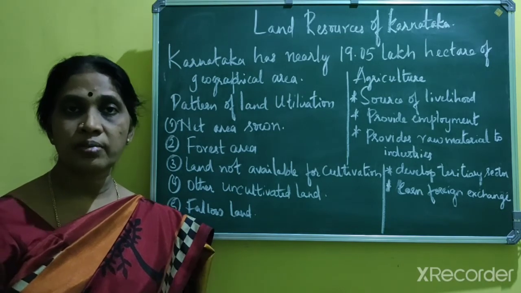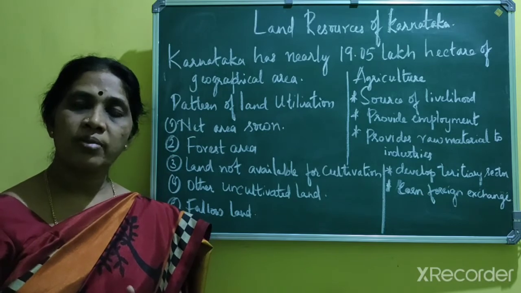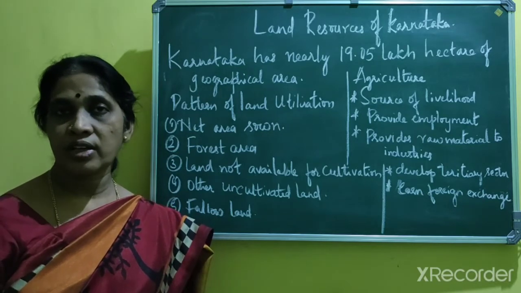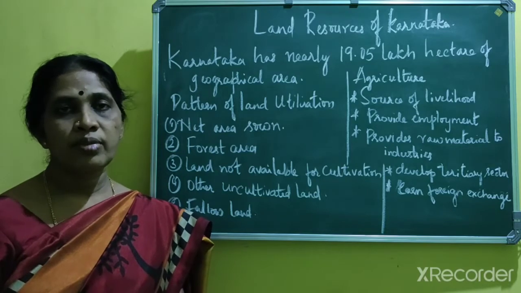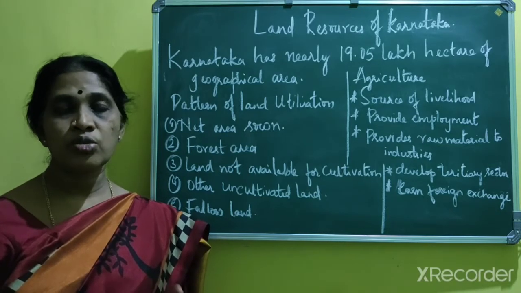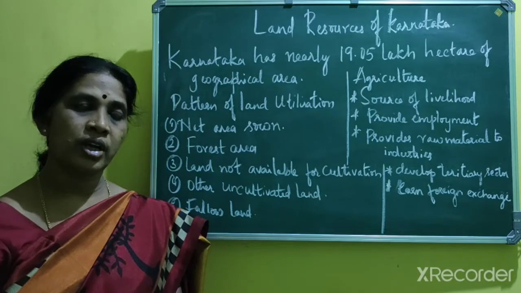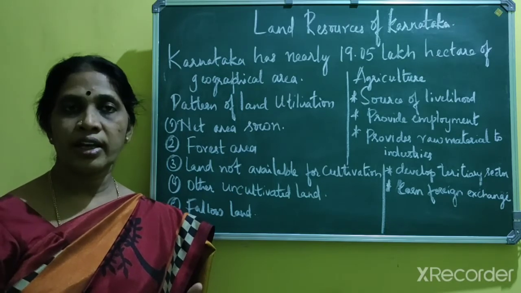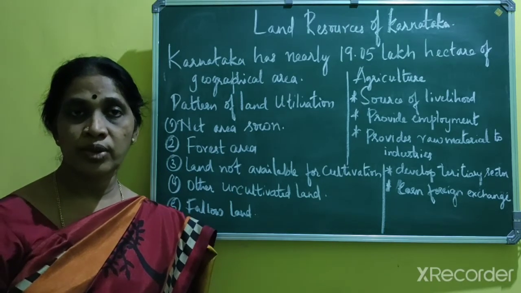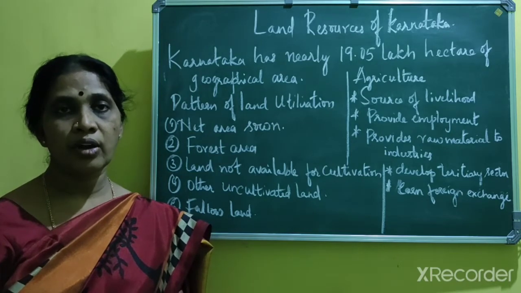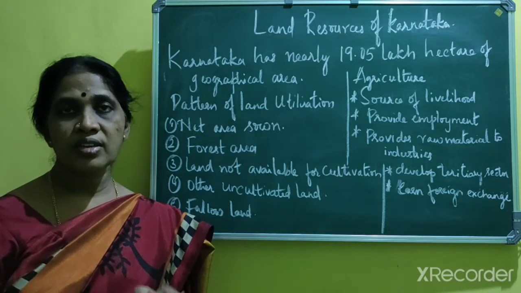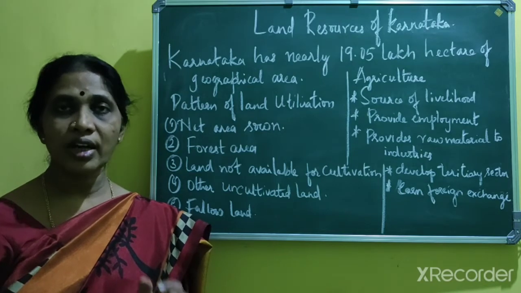It has been urbanized and a lot of urban activity is going on, and it is not favorable for cultivation. It is used for official purposes, and many tertiary activities like transport and communication are given predominance in Bangalore. So Bangalore district has the least area under cultivation.